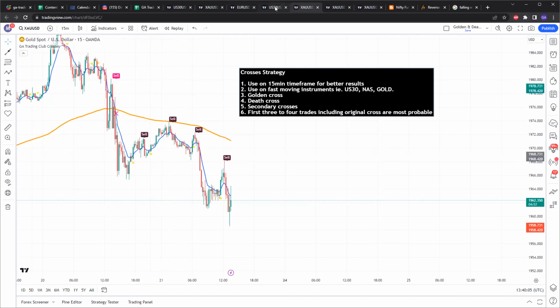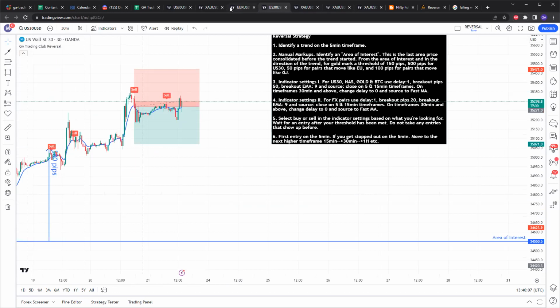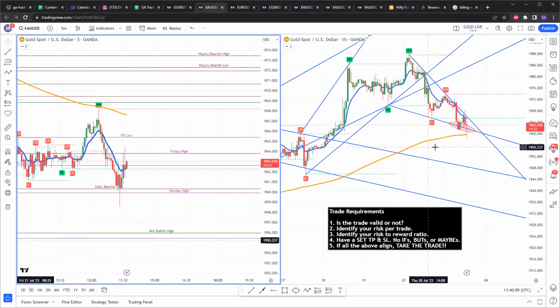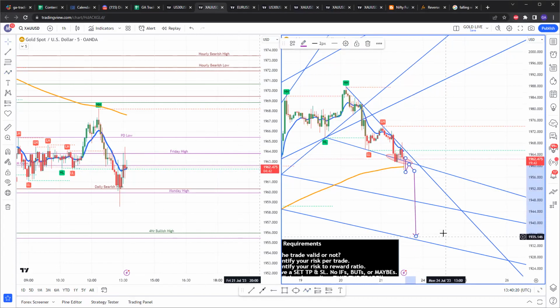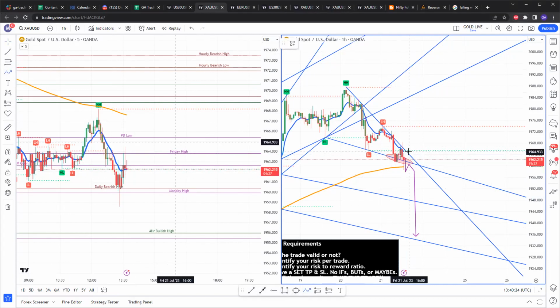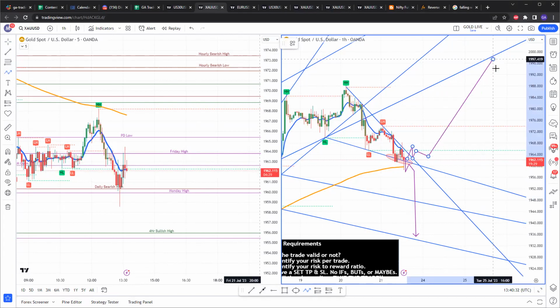So right now, I wouldn't be looking to take any gold trades until either we get closure below this trend line on the hourly, retests and closure below, then I would take a sell. But on the other hand, if we get a closure above this upper part of the wedge, retest and closure above, then I would look to take a buy.